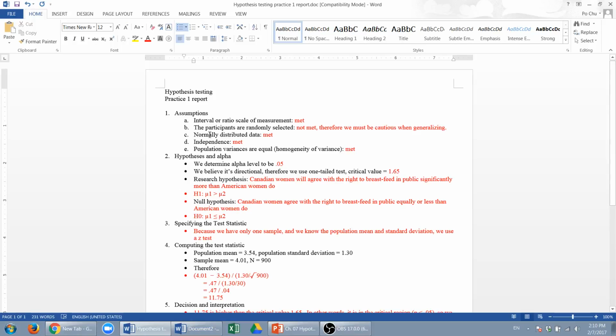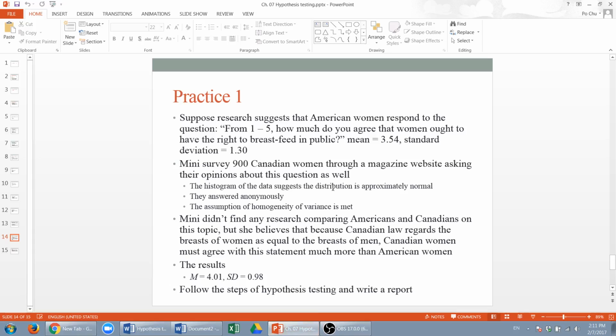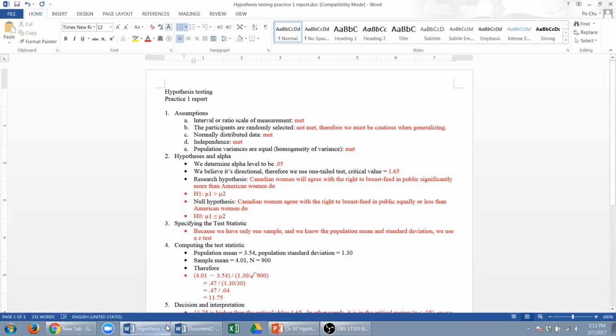Independence has been met because the participants didn't really interact with each other or affect each other's answers. It was anonymous. And the assumption that the data is normally distributed has been met because the histogram indicated that it looked normal. Right. The population variances are equal, meaning the homogeneity of variance has been met.